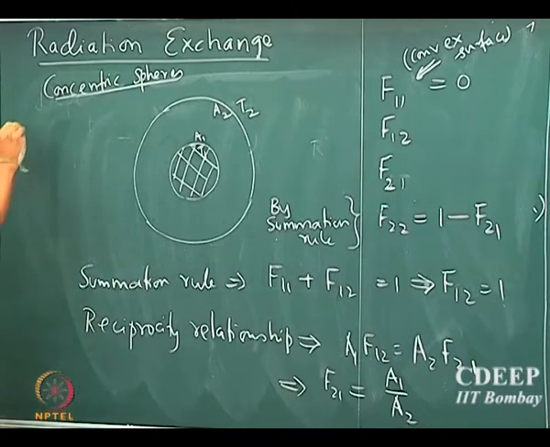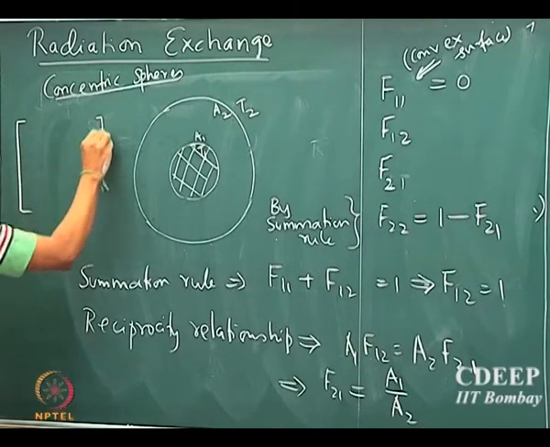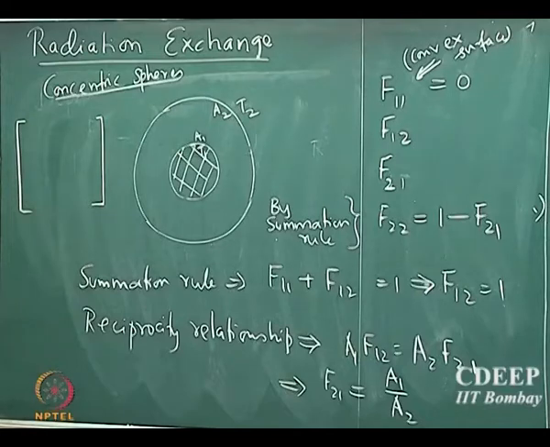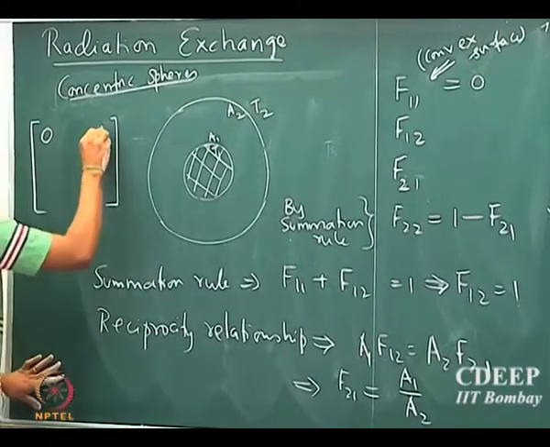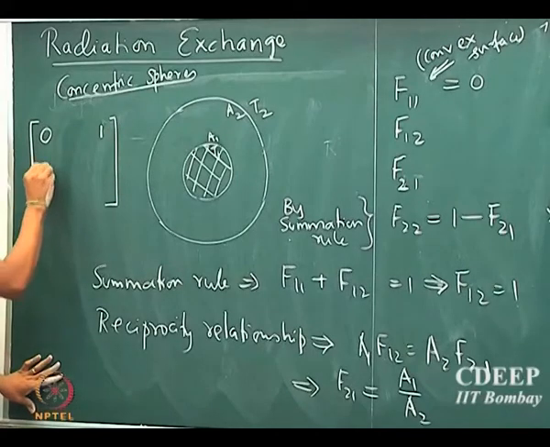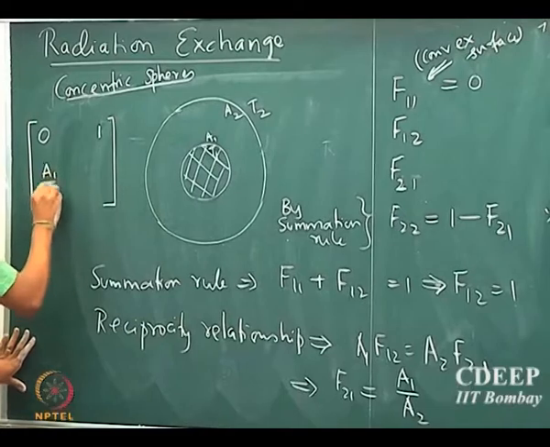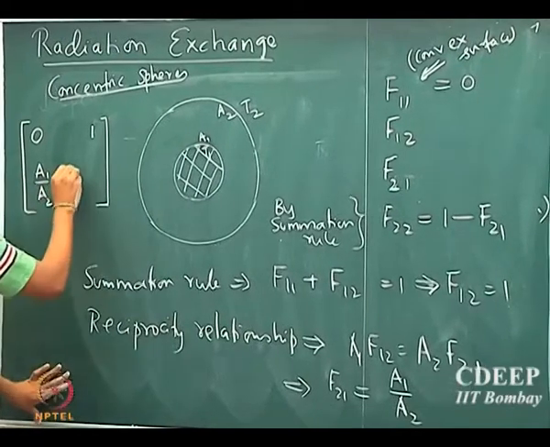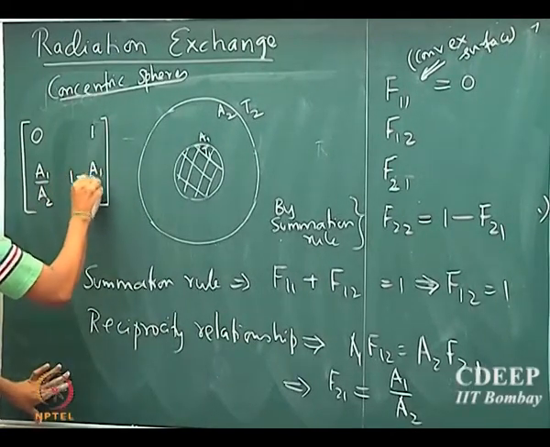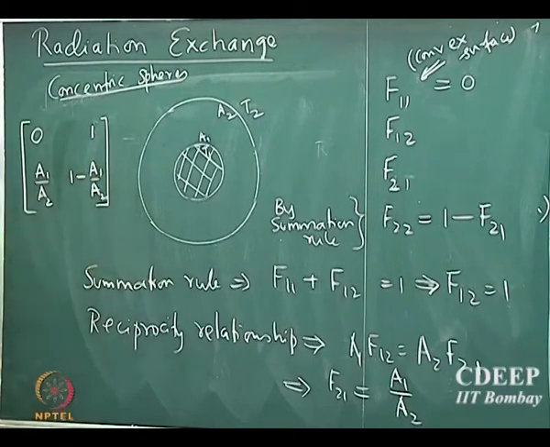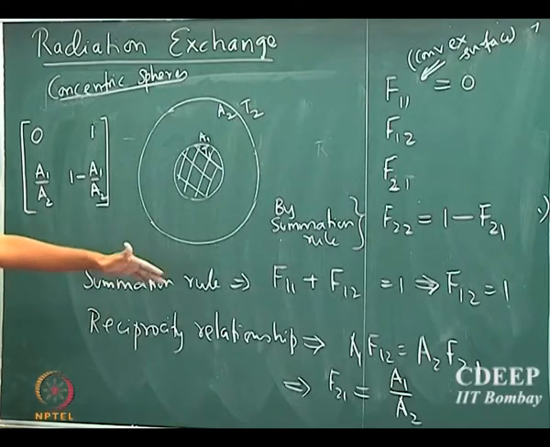So now we can write the view factor matrix. F11 is 0, F12 is 1, F21 is A1 by A2 and F22 is 1 minus A1 by A2. Note that we did not do any integration.